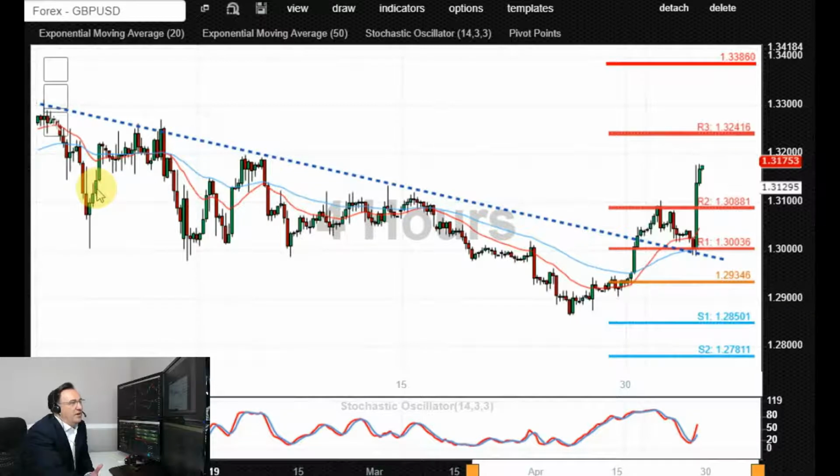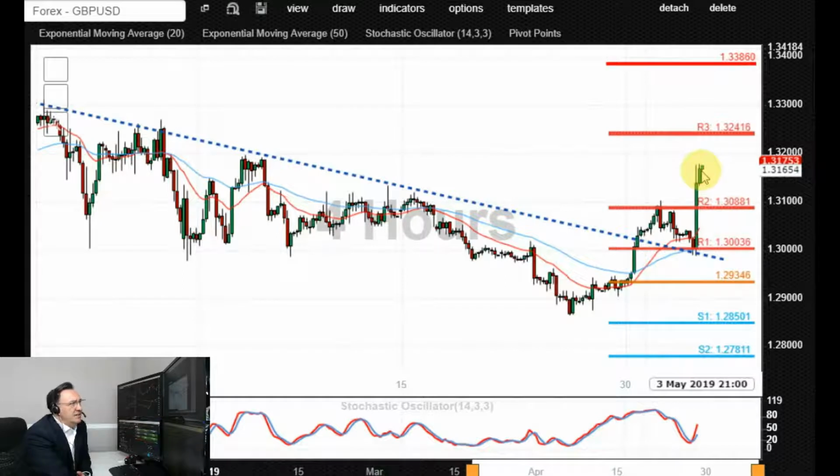So very, very nice support at this round number, psychologically important 1.31. Price action appears to be bullish above that level, so either a pullback into 1.31 and a rally, or a gradual rally from the current levels towards 1.3240, possibly 1.33, 1.3386, 1.34 on the upside.